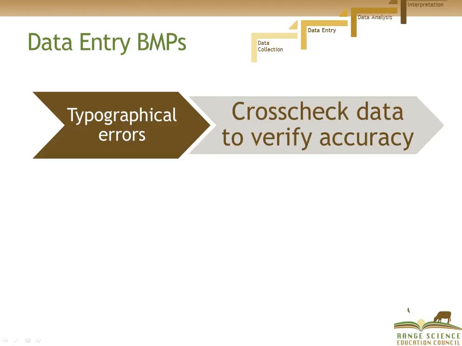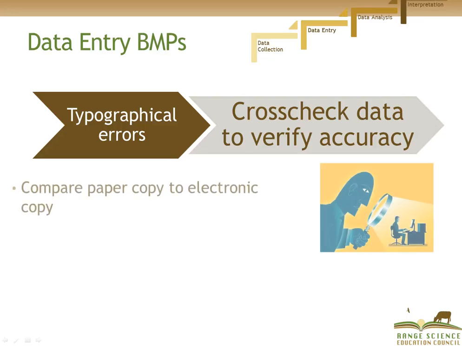Now, when we're doing data entry, we also need to know what to do with typographical errors. So we need to cross-check our data to verify its accuracy. First of all, we compare the paper copy or the field copy to the electronic copy on the lab computer. We do this line by line and cell by cell.